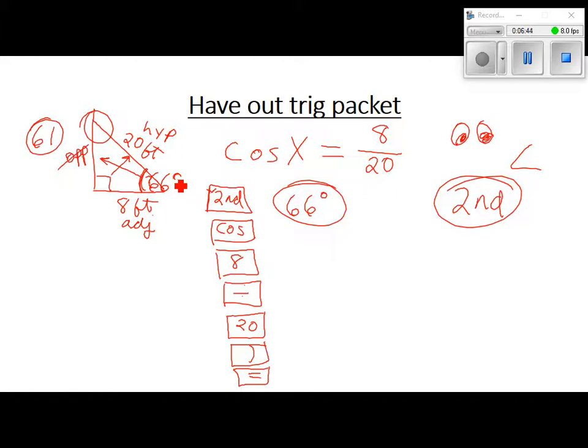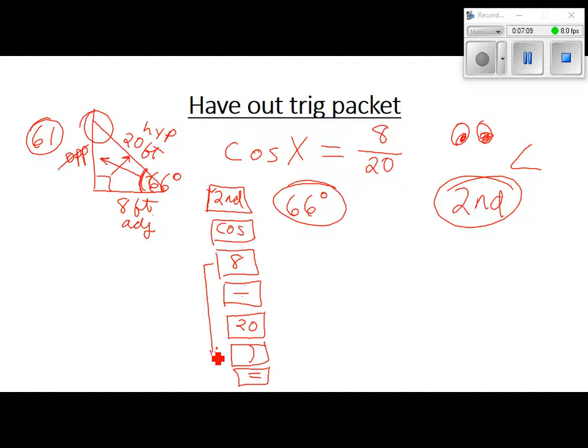So what do I do? I do 8 divided by 20. So on yours you do 8 divided by 20, second cosine. So you start here. It says error. You did something wrong there. What do you mean? 8 divided by 20. 8 divided by 20 equals. You gotta hit the equals. Oh, okay. Then you hit second cosine.